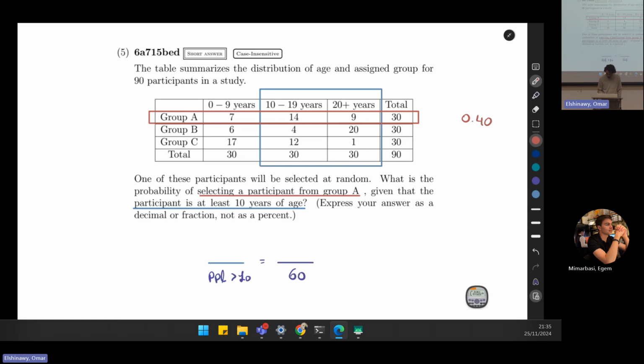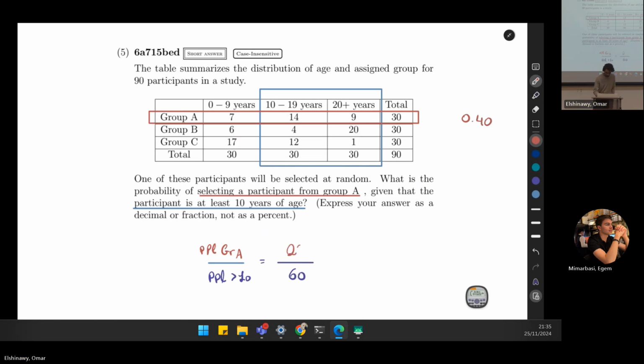And on top, we're looking to find people from group A. So how many people from group A are in this? 24. Are you sure? 14 plus 9.